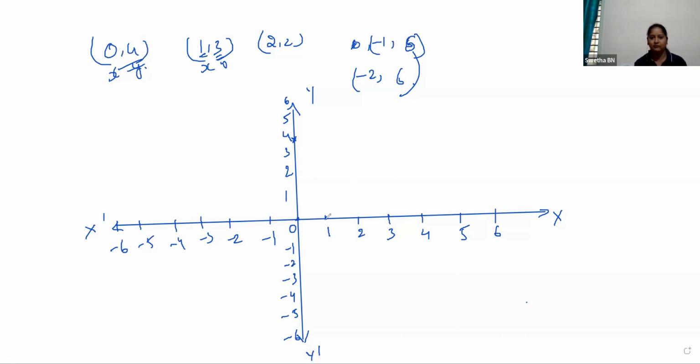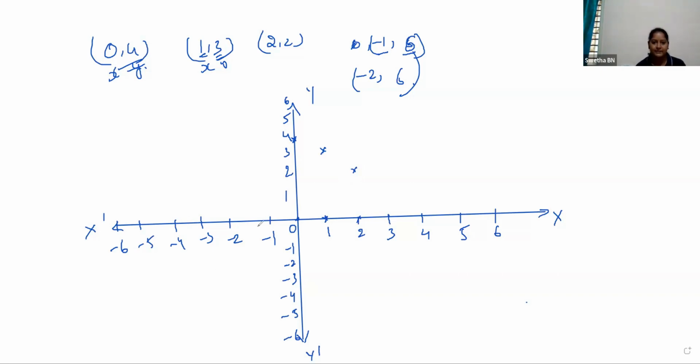So +1, go towards right side. This is 1, and positive number, go upwards. Mark the point here. And 2 and 2. See, x is 2, y is also 2. Next, -1 and 5. See, x is -1, so you have to go towards left.